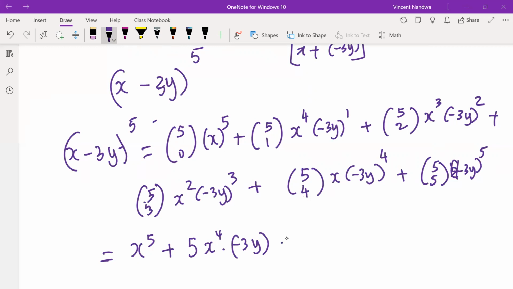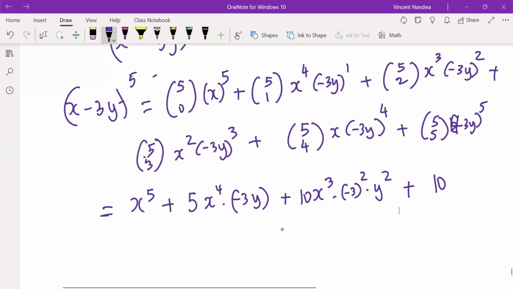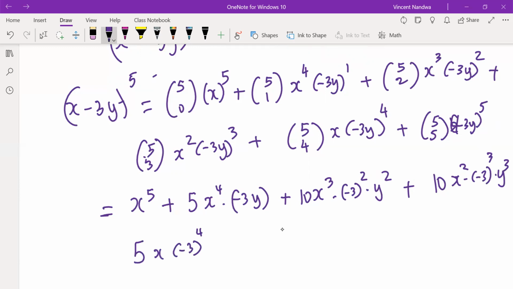And then 5 combination 2 is 10, x power 3 times (minus 3) squared times y squared. 5 combination 3 is also 10, then x squared times (minus 3) power 3 times y power 3. 5 combination 4 is 5, x, then (minus 3) power 4, y power 4, and then 5 combination 5 is 1, which will be now (negative 3) power 5 times y power 5.